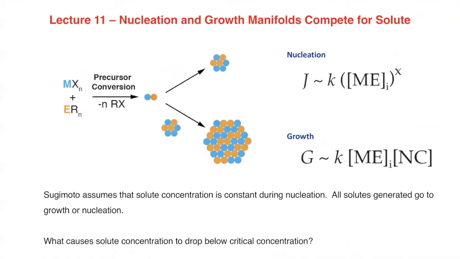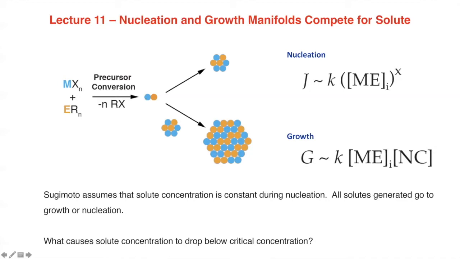And this picture here where we have precursors reacting with one another to make solutes, and then solutes having a choice whether they make new nuclei or they stick to existing nuclei and grow them into larger crystals. This figure here helps you see that there's kind of a competition going on.